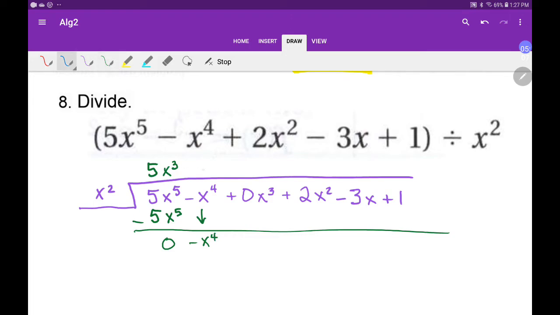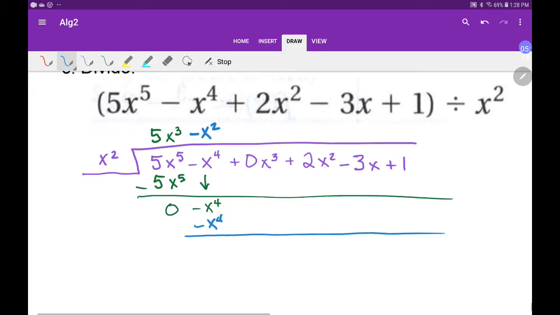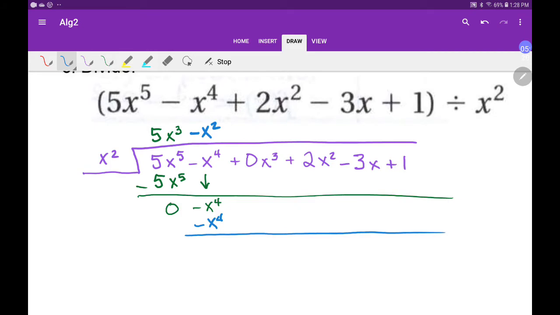Well, let's see. I'm going to need a negative x squared, right? Because then I'll have a negative x to the fourth. This is really anticlimactic after that last one. But anyway, I go on, and nothing happens. And this comes down, and that's nothing. This is nothing.